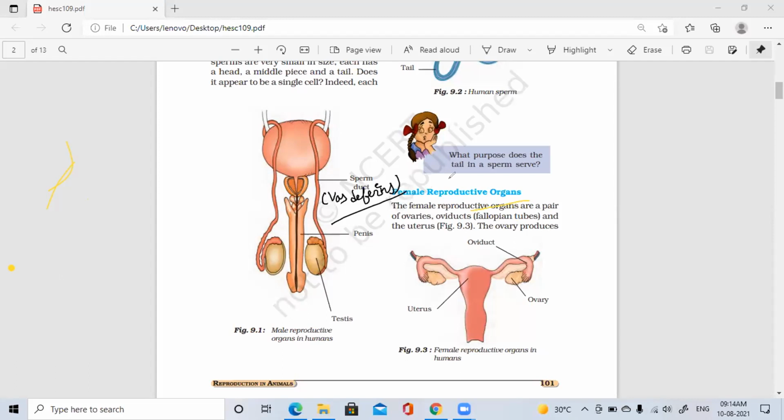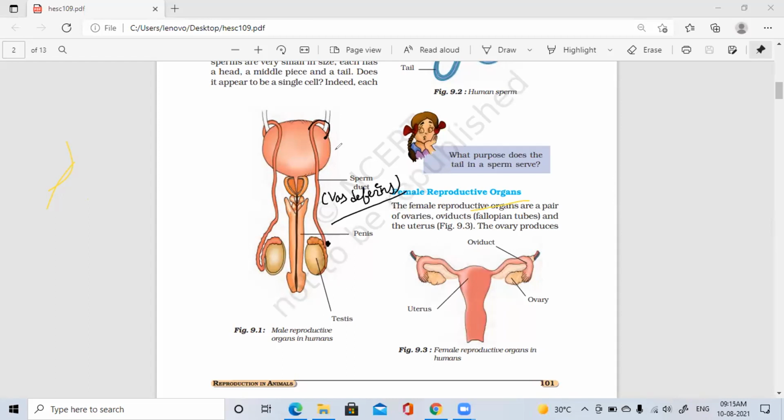So sperm duct, what is its function? It is a narrow tube, a narrow duct which starts from the testis and joins the urethra. You can see that it starts from the testis here and joins the urethra here. Right? It carries the sperm to the urethra by muscular action of its valve. Sperms will be carried out by this sperm duct. This is the function.